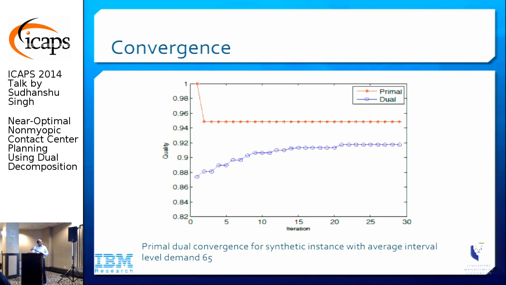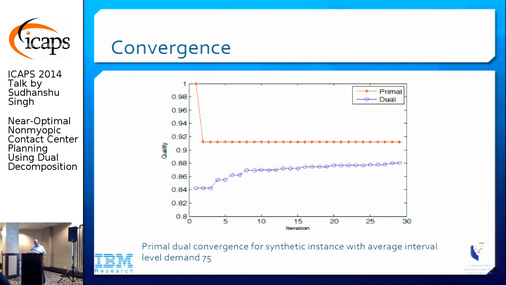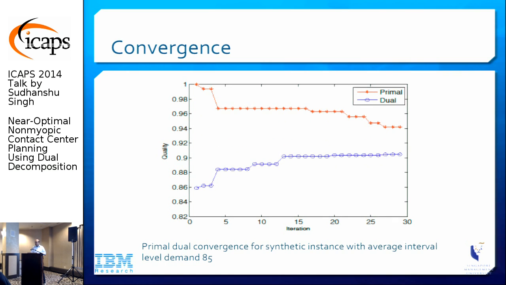What we observed is that for most of the cases, after 10 to 15 iterations, those primal and dual solutions are pretty close. If you do all 30 iterations, it takes a bit longer, but that's not really required in most cases because within 10, 15 iterations, we get a good enough solution.